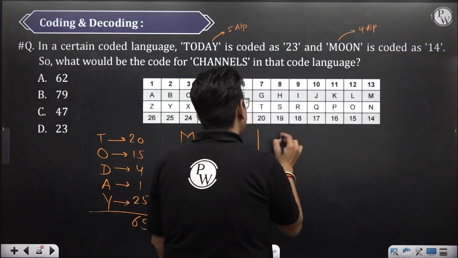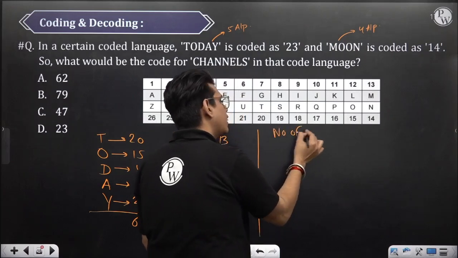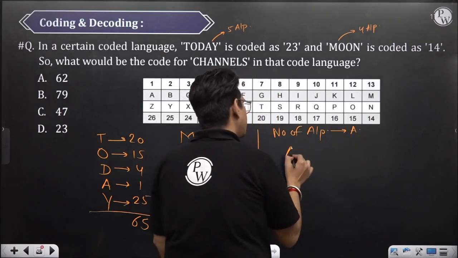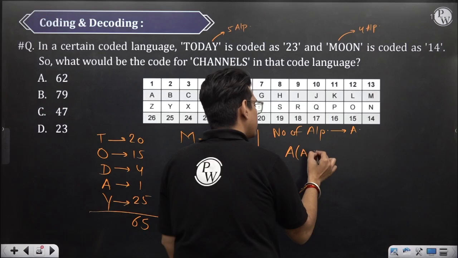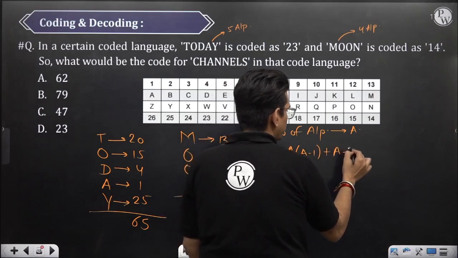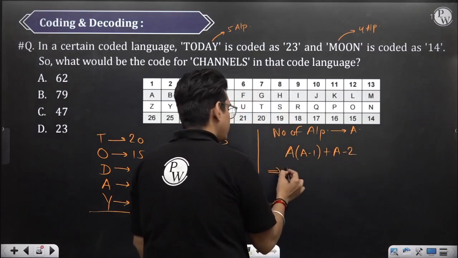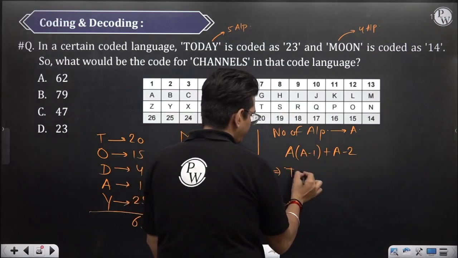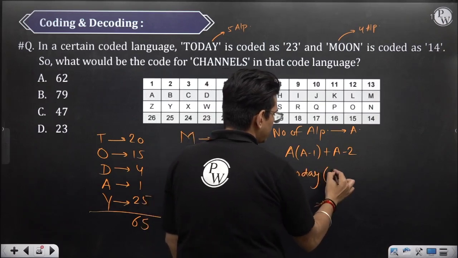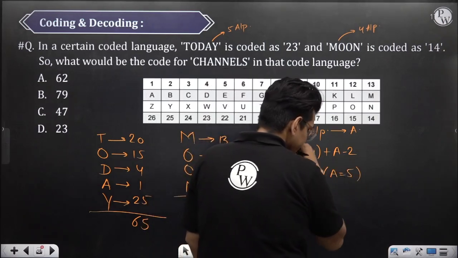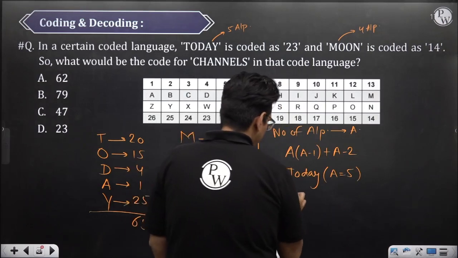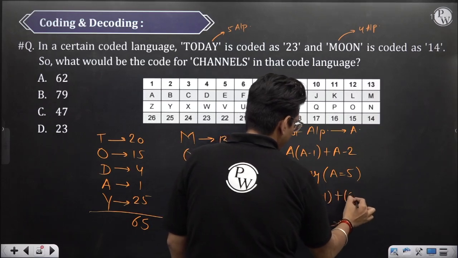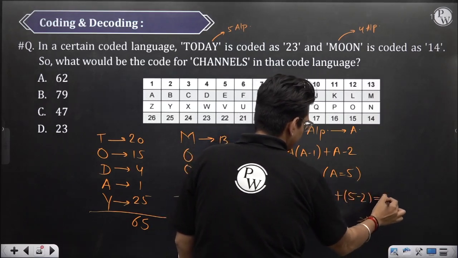Suppose the number of alphabets is represented by A. Then this is A into A minus 1 plus A minus 2. For the first case, today, A is 5. This is 5 into 5 minus 1 plus 5 minus 2, which is 23.